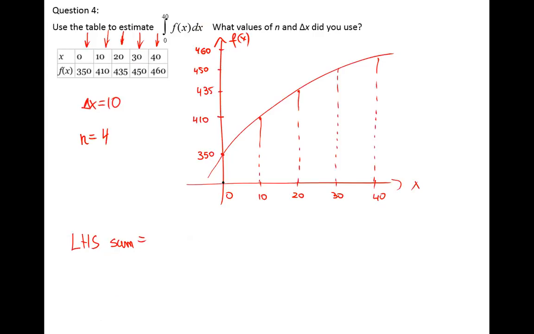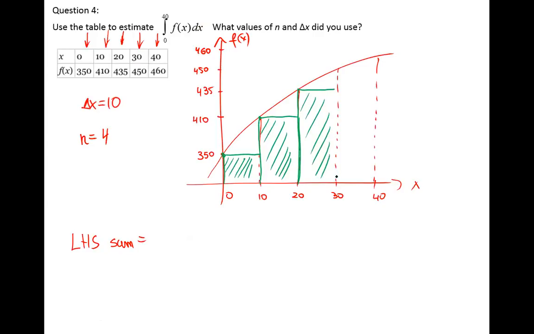That means 0 is on the left-hand side, so 350 will give me the height. And then 10 is on the left-hand side of the second sub-interval. This will be the rectangle. Okay, 20 is on the left-hand side if I look at the third sub-interval. And between 30 and 40, 30 is on the left-hand side.